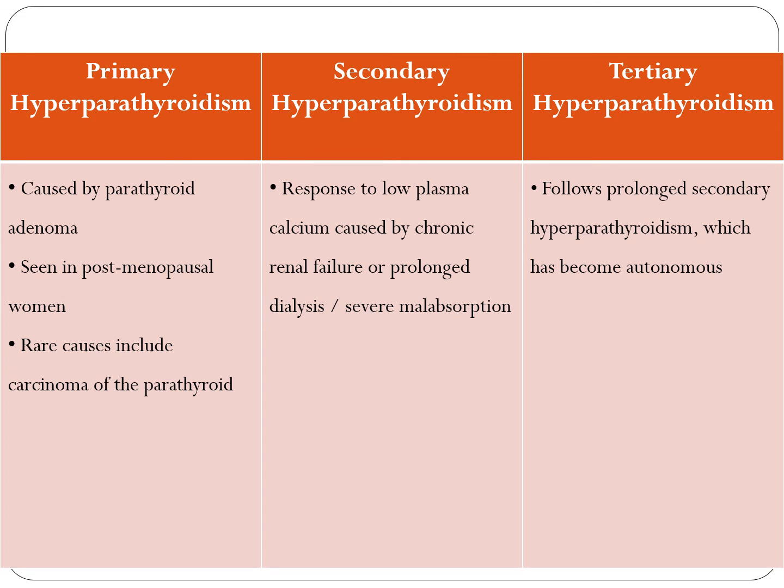Next is parathyroidism. Already we know the parathyroid is situated near the thyroid gland. So when you're going for a thyroidectomy, the parathyroid may also go. There are primary, secondary, and tertiary types. Primary is caused by a parathyroid adenoma, seen in postmenopausal women; rarely the cause includes carcinoma of the parathyroid.